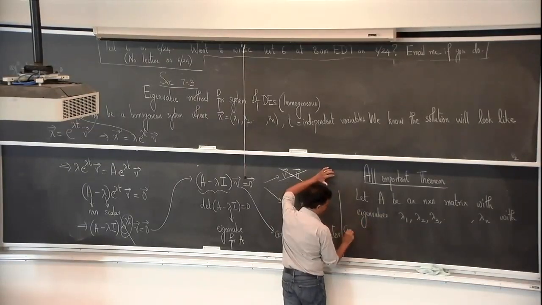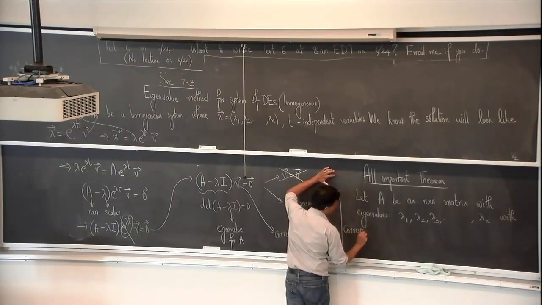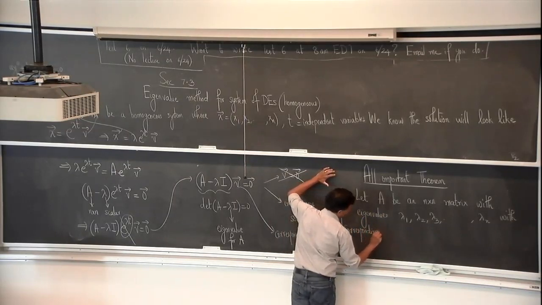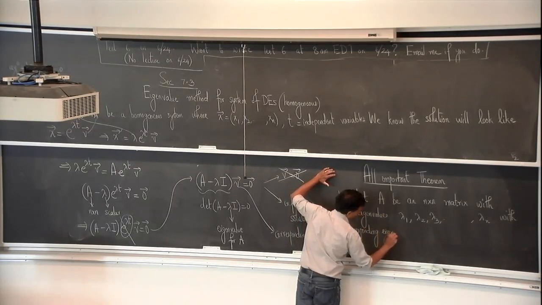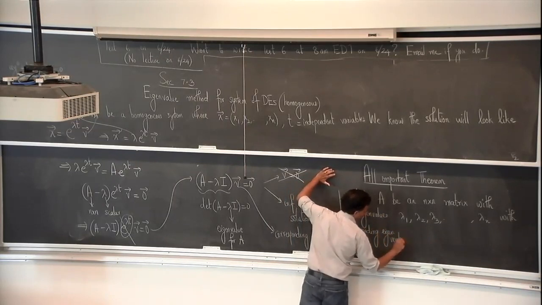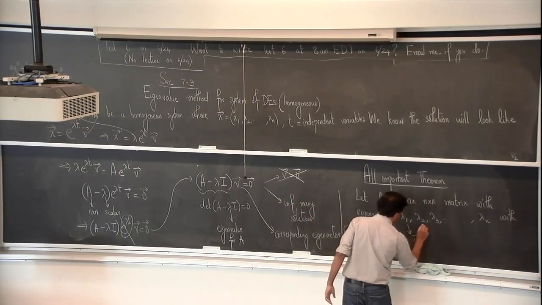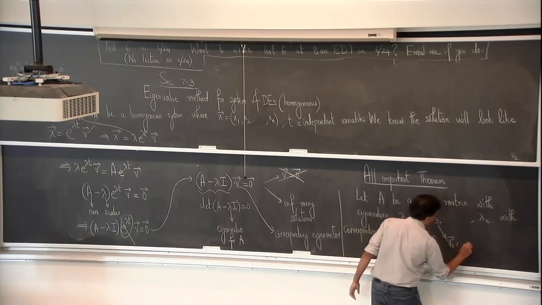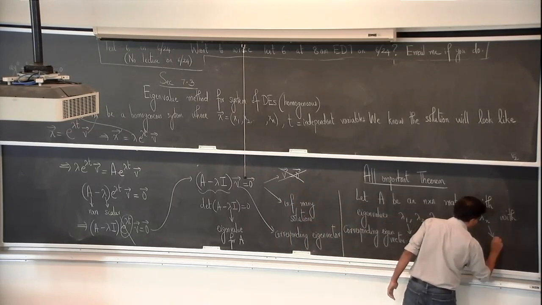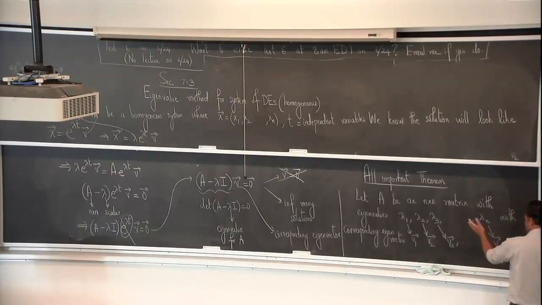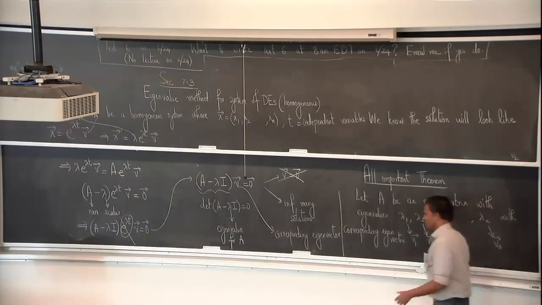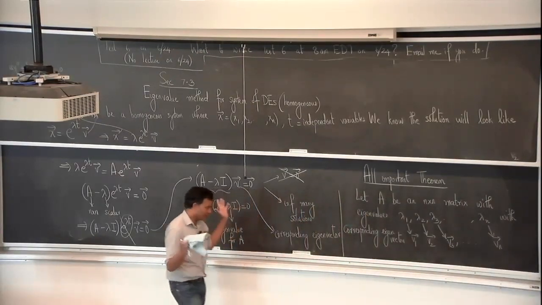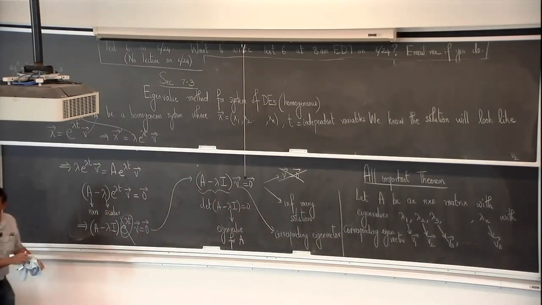With corresponding eigenvectors v1, v2, v3, up to vn. In other words, the algebraic and geometric multiplicities of each of these are the same. There is absolutely no inconsistency there. That's a very important thing, and we will make sure that happens all the time.